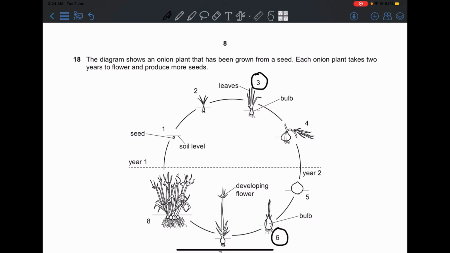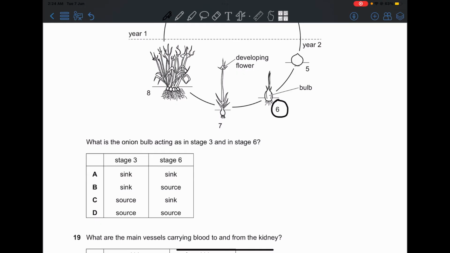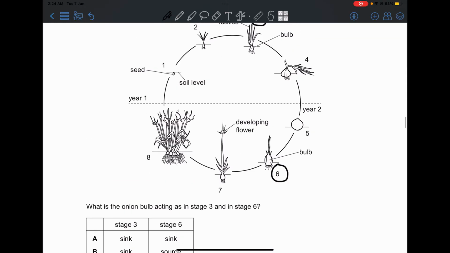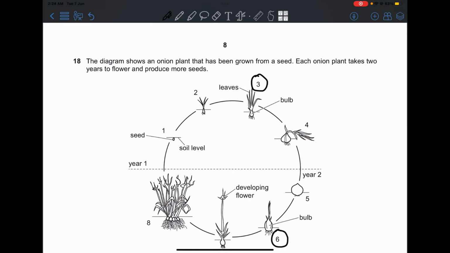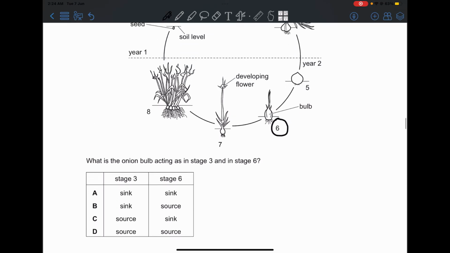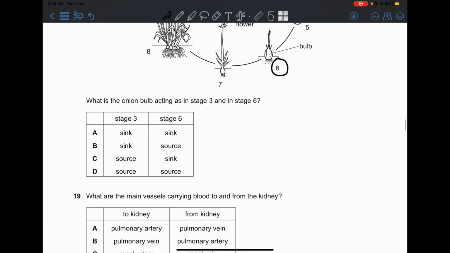So over here, year 1, the seed and the leaves are there, and they're asking what the onion bulb is acting as. So the onion bulb over here is still a sink because there are leaves that will produce glucose by photosynthesis and they will provide glucose to the onion bulb so it can grow under the ground. So we know that in stage number 3 the onion bulb is actually a sink.